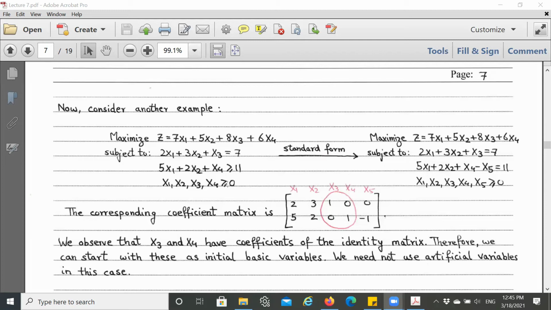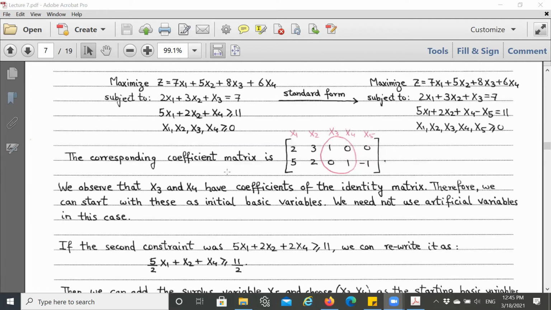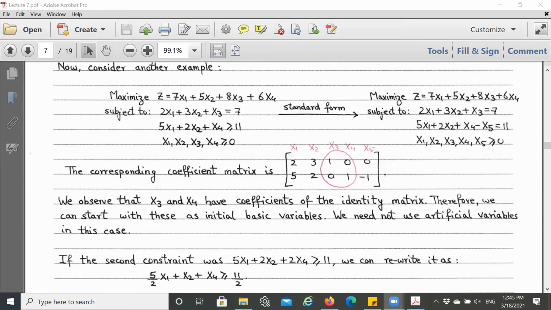Yes, please. So if we see any kind of identity matrix in our coefficient matrix, it means we don't need to add artificial variables anywhere? It means that you do not have to use artificial variables, because artificial variables in the Big M method or two-phase method are actually the basic variables which you start off with.